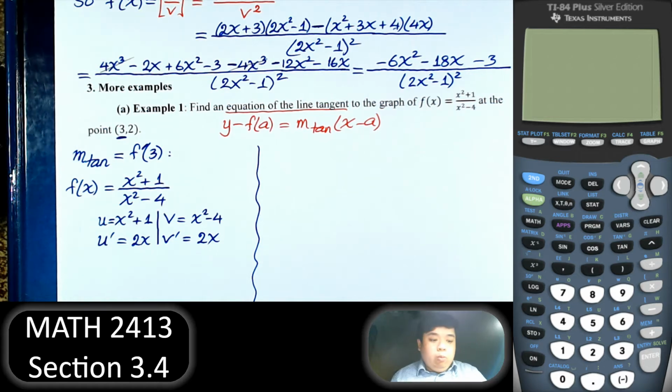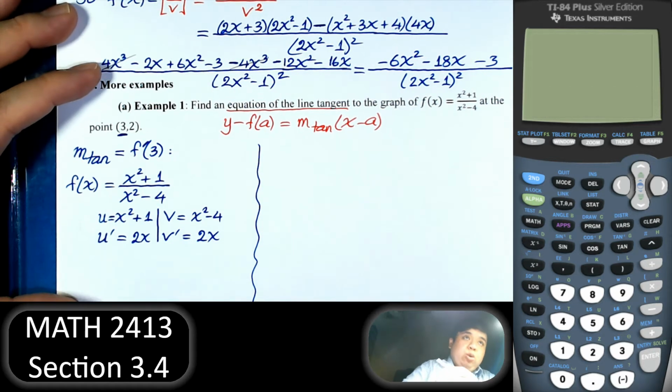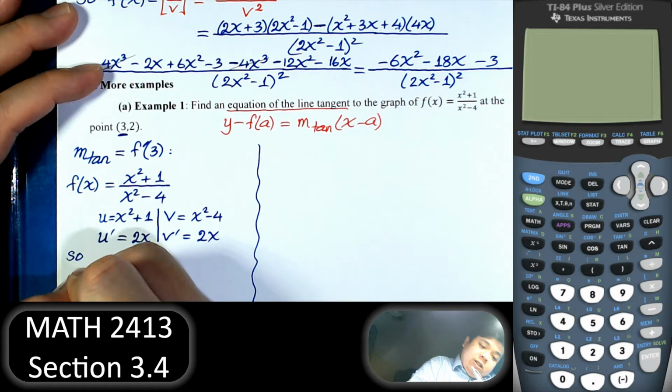So now we put in the quotient rule to find the derivative of the function.